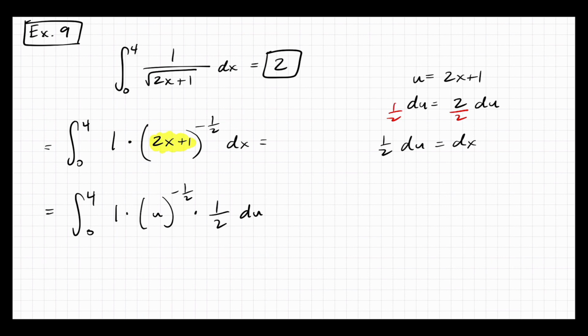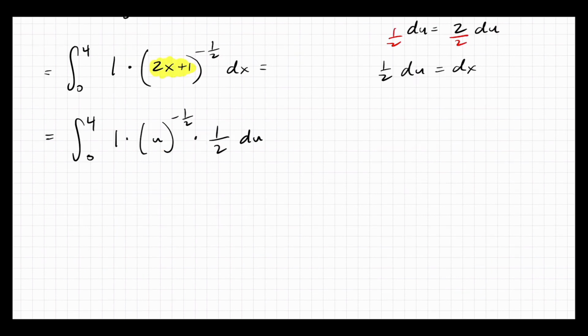So you change roots to powers. U was 2x plus 1. So now I have to find the antiderivative. I'm going to move the 1/2 to the front, and the 1. And I'm going to move this guy and this guy to the front. If I multiply them, they're just 1/2. Antiderivative of u to the 1/2 is u to the 1/2. Negative 1/2 would be positive 1/2.